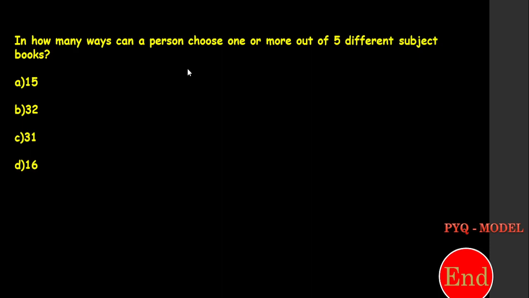So in this question, it is a little bit different. That is, in how many ways can a person choose one or more out of 5 different subject books? One or more. So that means either-or concepts.